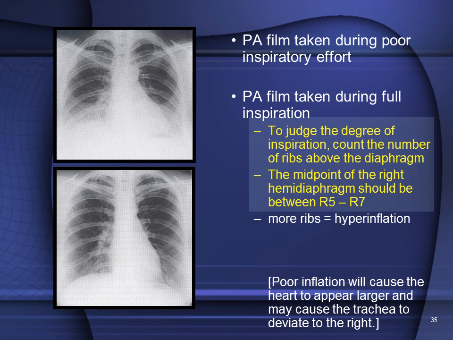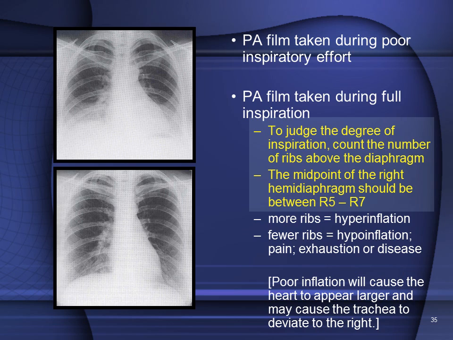If there are more than 7 ribs, the patient is hyperinflated. If there are fewer ribs, the patient is underinflated or hypoinflated, and this may result from pain, exhaustion, disease, or even fracture of the ribs or other aspects of the thoracic cage.